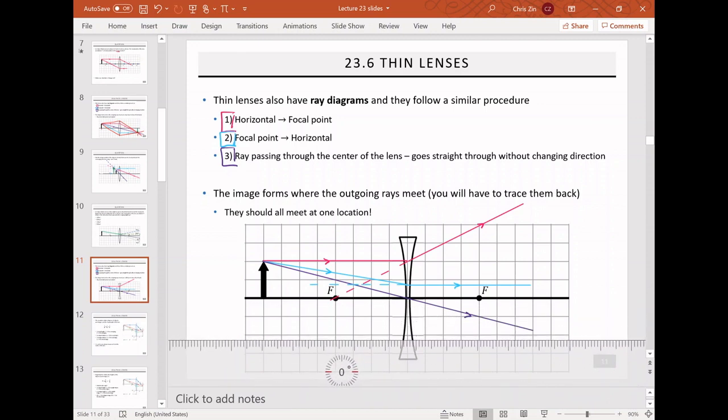And the third easy to draw ray I don't actually have to trace back because it passes right through the location that I'm looking for. Again, if drawn properly, all of these rays should look like they're coming from one location. That location is right here, and this is the image location.